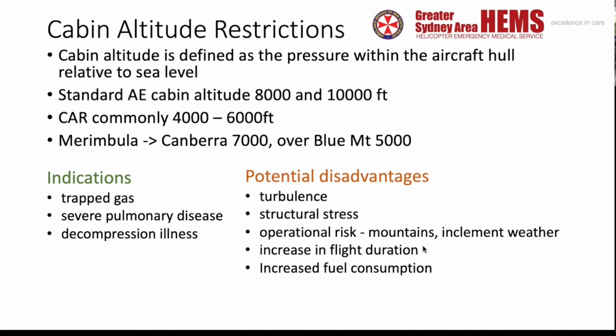Indications include trapped gas, severe pulmonary disease, and decompression sickness. The potential disadvantages: it's believed that you're likely to have more weather and be at risk of more turbulence. Every aircraft has a limit on the differential between internal and external pressure, so in order to pressurize a cabin, they often have to fly lower to reach a significant cabin altitude restriction.